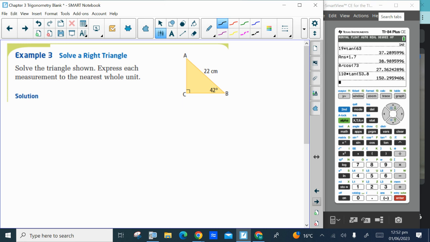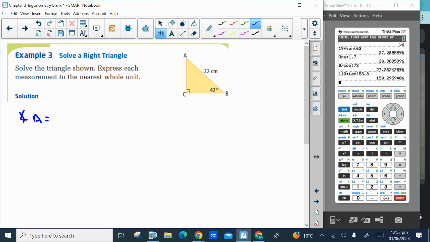Now, when you're asked to solve a triangle, that means find all missing sides and all missing angles. That's what solving means. Real quick, find all missing sides and all missing angles. So let's start first by finding angle A. We've got 2 angles of a triangle. We can find the third.